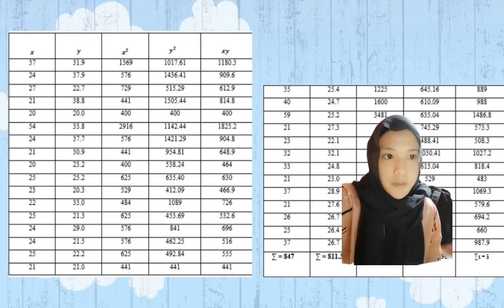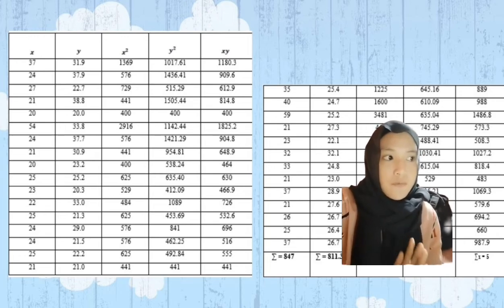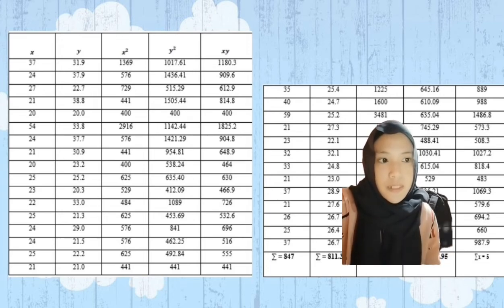Next, we multiply 37 and 31.9 and get the answer 1180.3 for column xy. For column x square, 1369 because 37 square, and y square is 1017.61 because 31.9 square. After that, we get the total of every column.